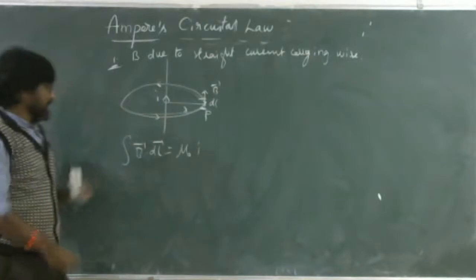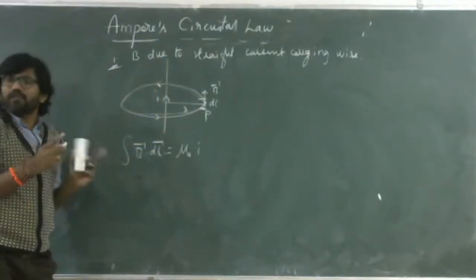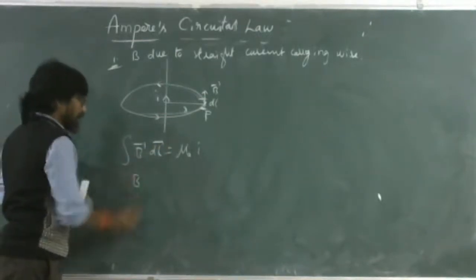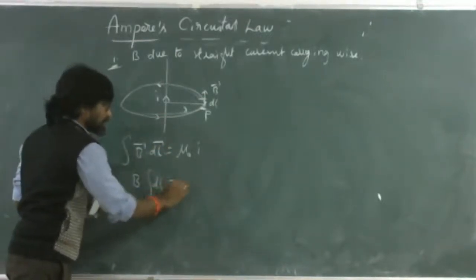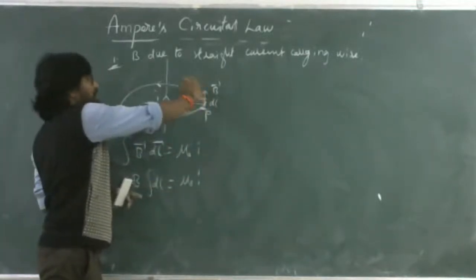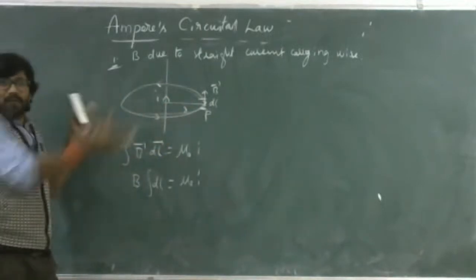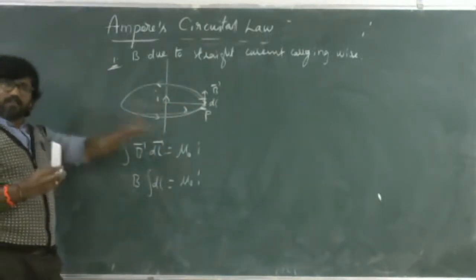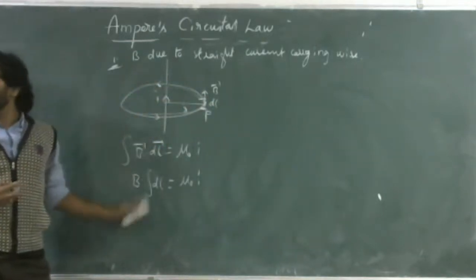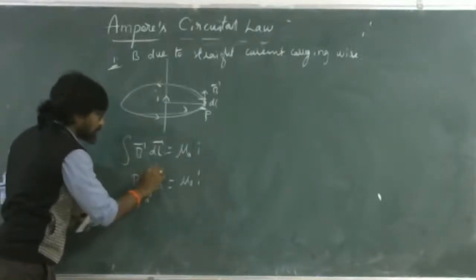Now, in this case, B and dl are parallel, so theta will be 0, cos 0 is 1. Directly you can take the integral of B dl. B can be taken out, and the integral of dl is equal to mu naught I. This dl goes throughout the loop, so the sum of all dl will give you the total circumference. If the radius of this circular loop is r, the integral of dl is L, going from 0 to 2 pi r.